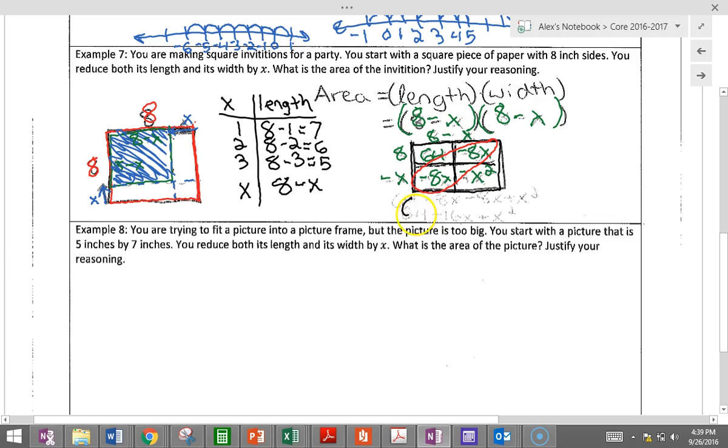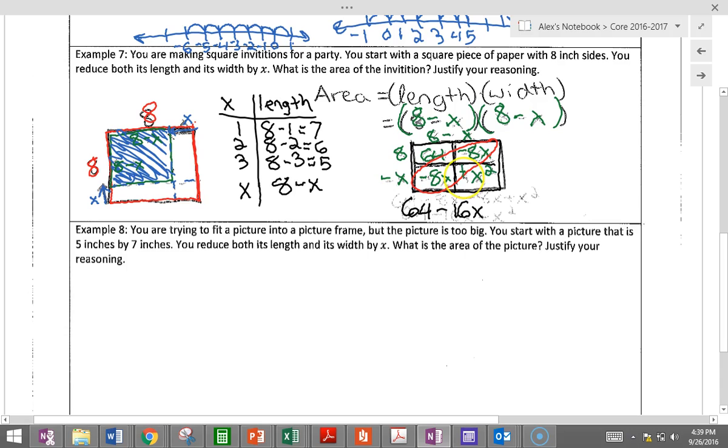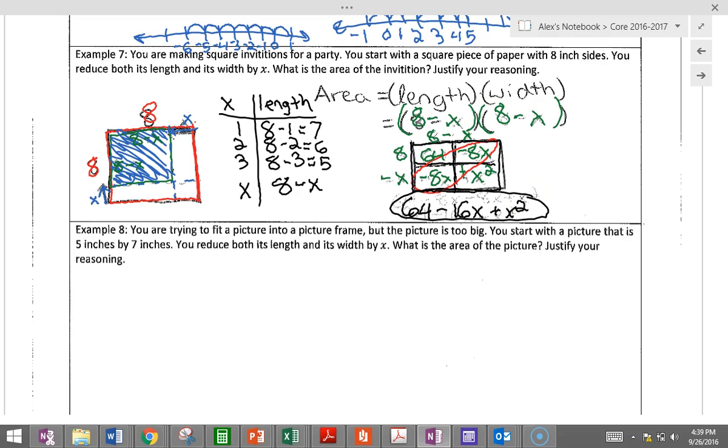So I have 64, negative 8x and negative 8x is negative 16x, and then positive x squared. So 64 minus 16x plus x squared is my final answer there.